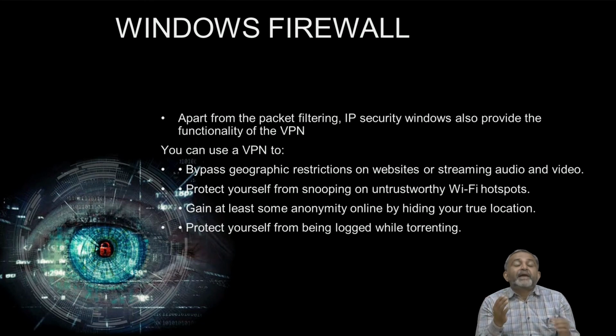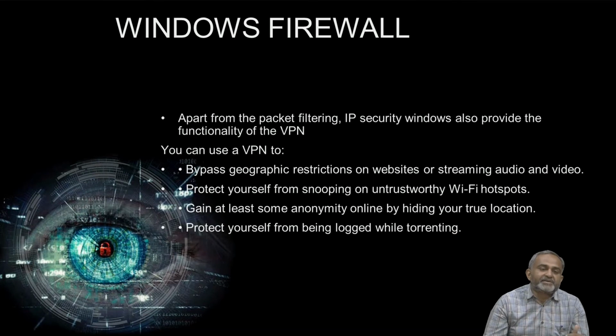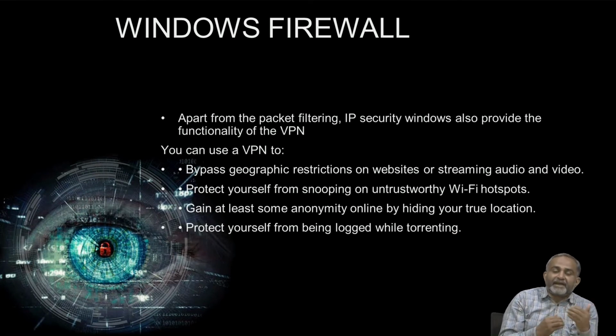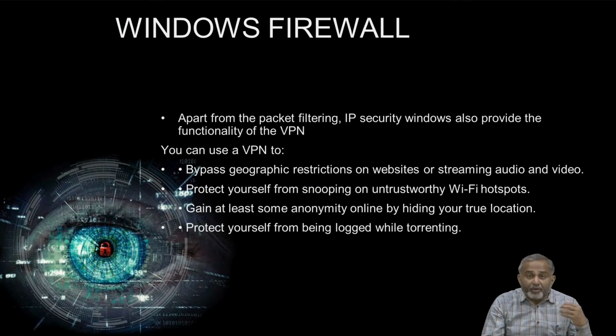Then after, anonymity: if you want to hide your real IP address while you are accessing the internet, or if you want to hide your true location, at that time VPNs are also useful.